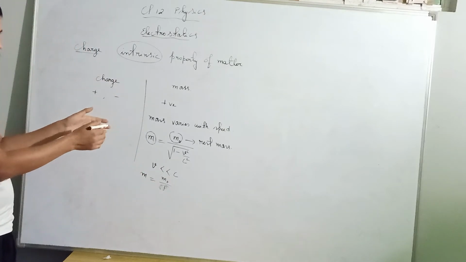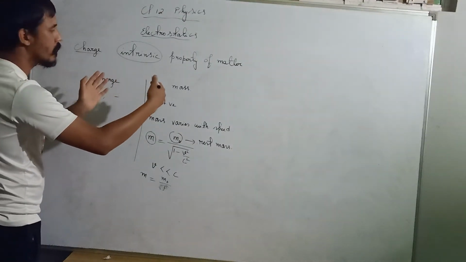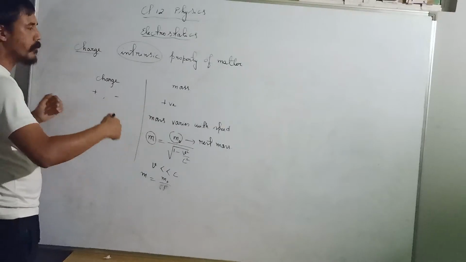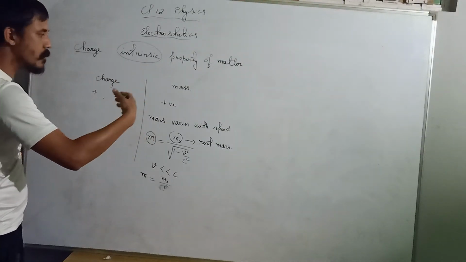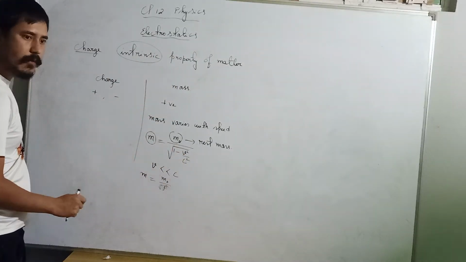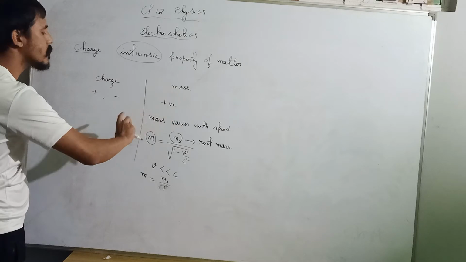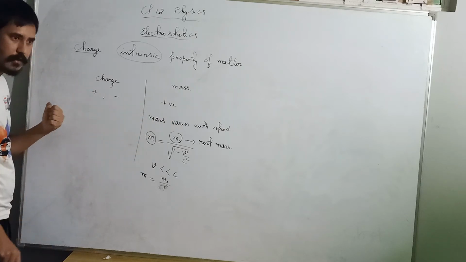For a larger object in motion, its speed will be very, very less as compared to the speed of light. In that case, there is no difference in the mass. The mass does not change.